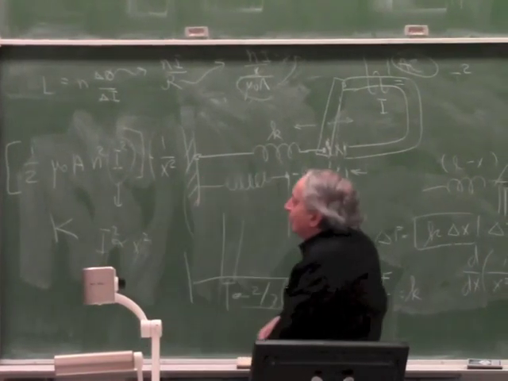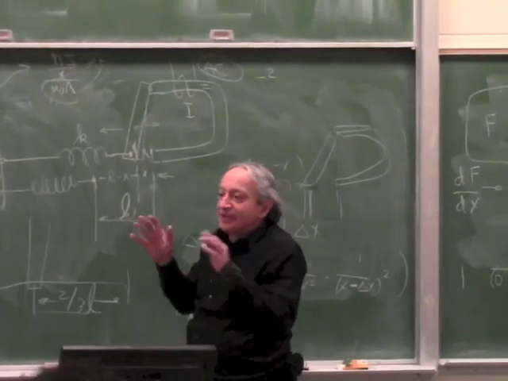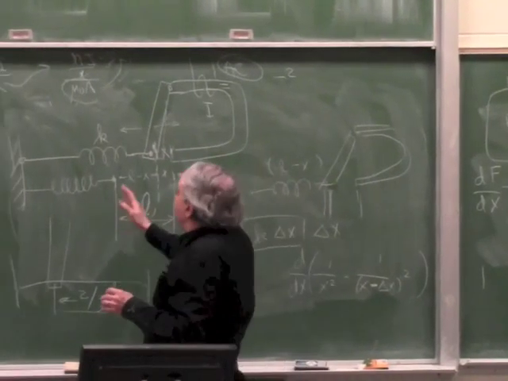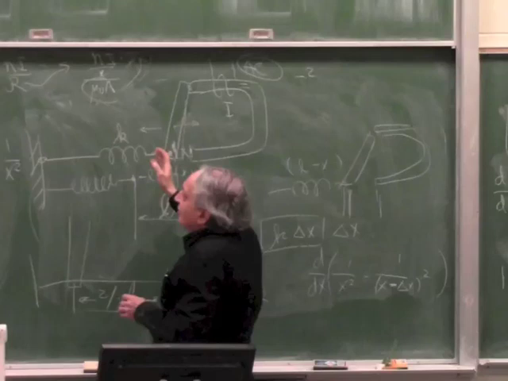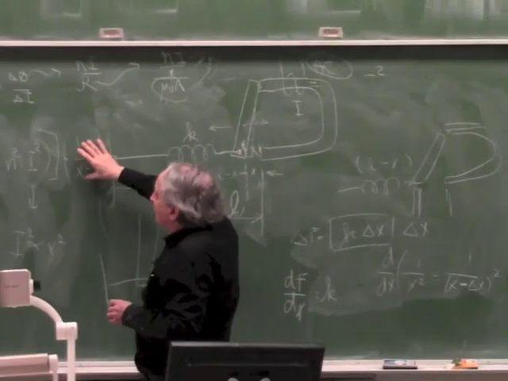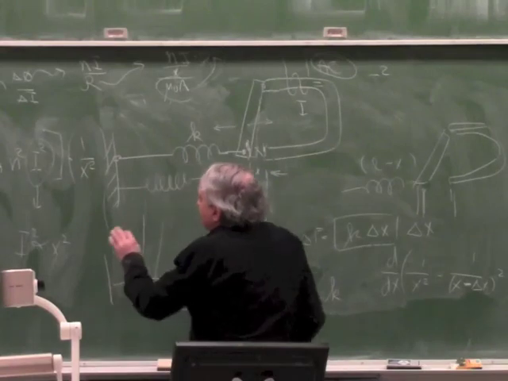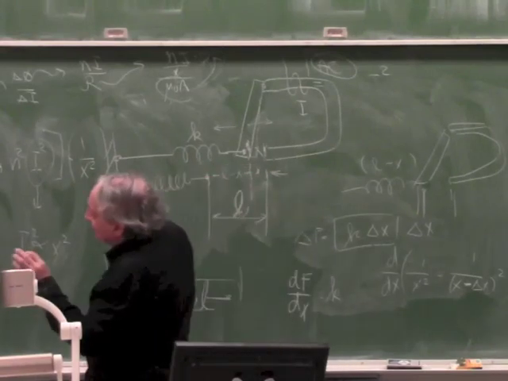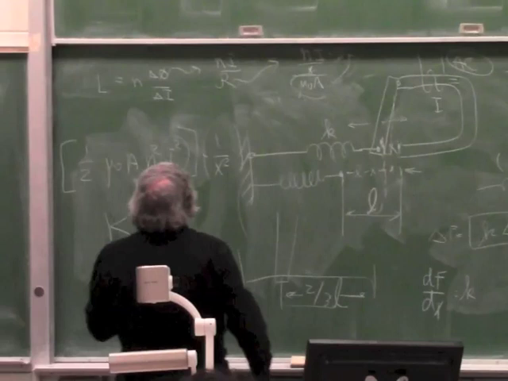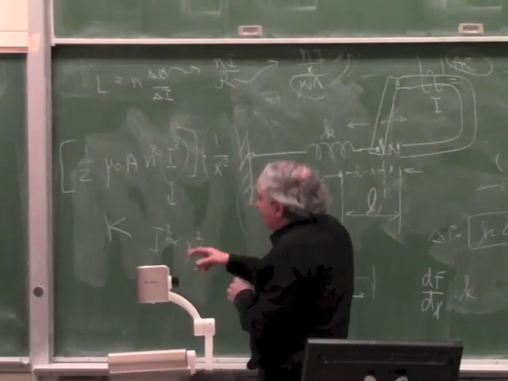So in a perfect circuit, if x will halve, this part will become 4 times. No, the original was right. Just give me 1 sec. The original was right because for a given voltage, I will go down.